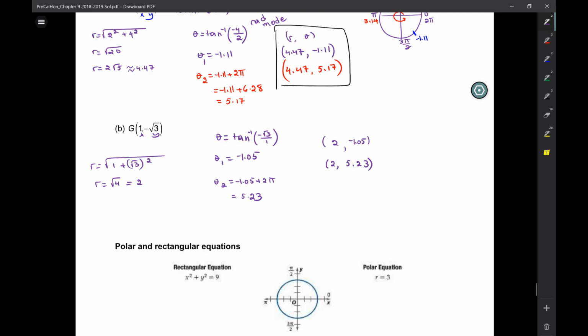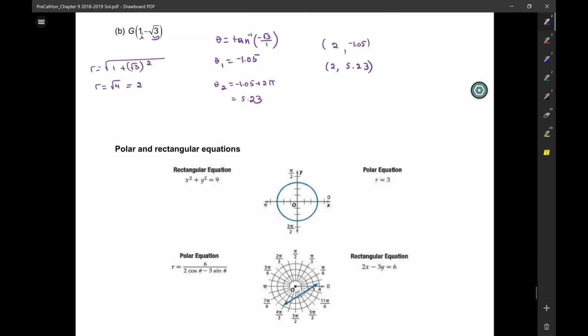Take a look at this one. I have a rectangular equation of a circle: x squared plus y squared equals 9. It's x squared plus y squared, and this is the square of r.